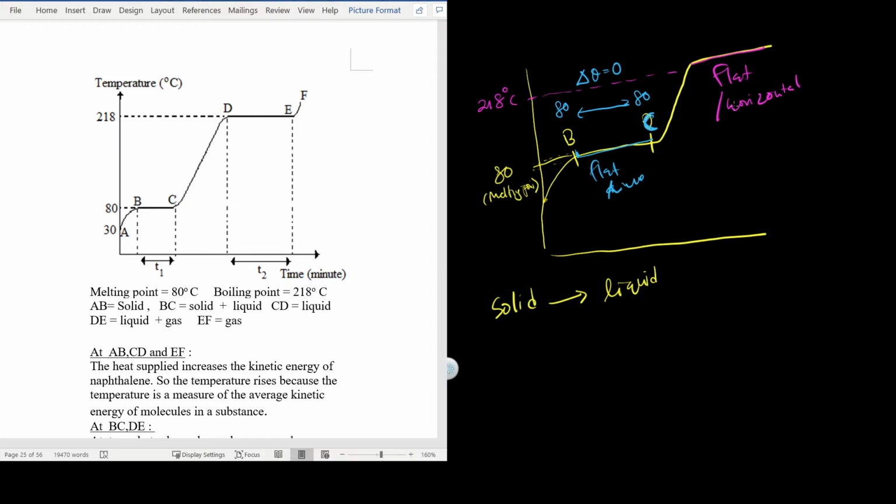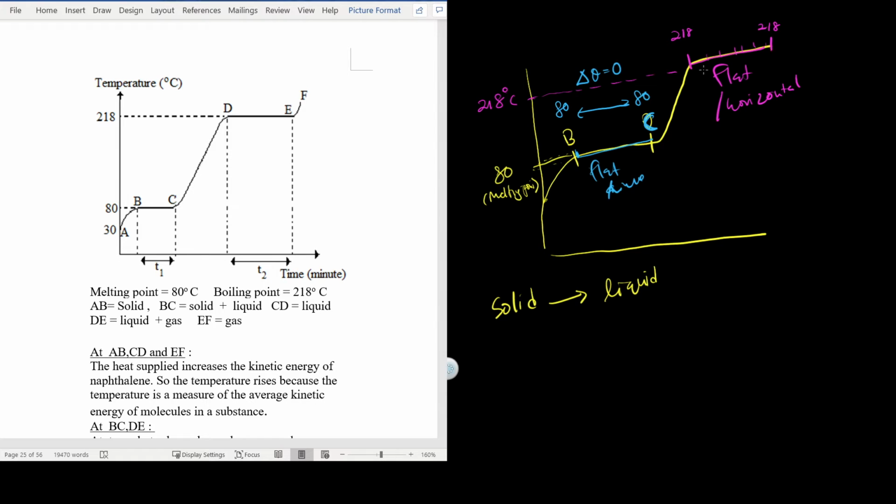Why do we need this horizontal line? Just to make sure that the initial temperature at the starting point is 218 and the final temperature is 218. There is no change in temperature, 218 all along the way.